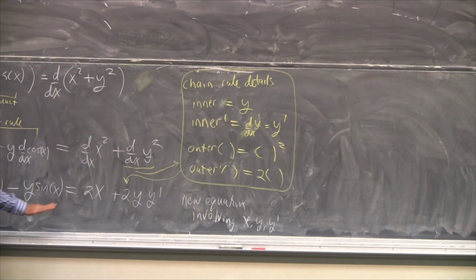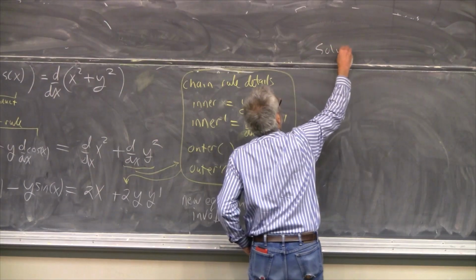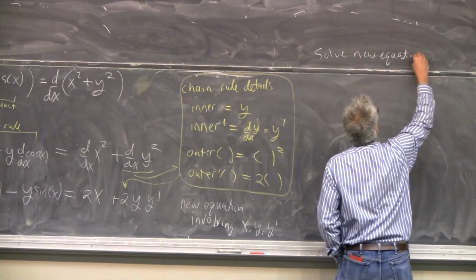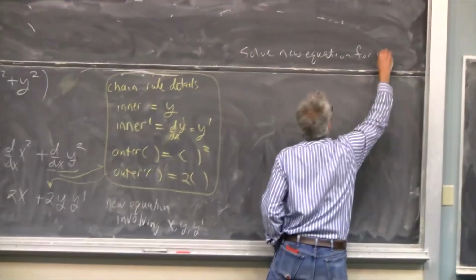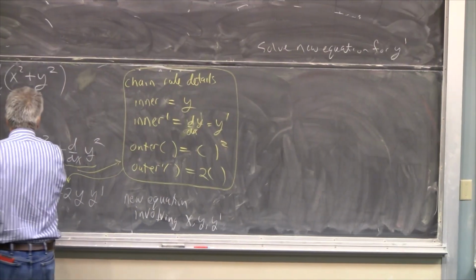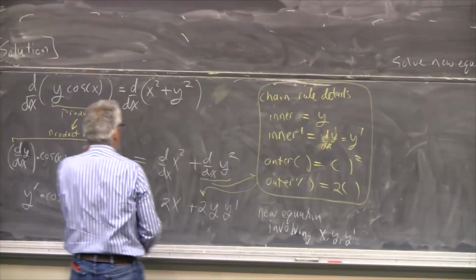And we can solve this one for y prime. It always works. So all the stuff that doesn't involve y prime, I'm going to move to this side, and all the stuff that does involve y prime, I'm going to move over to this side.